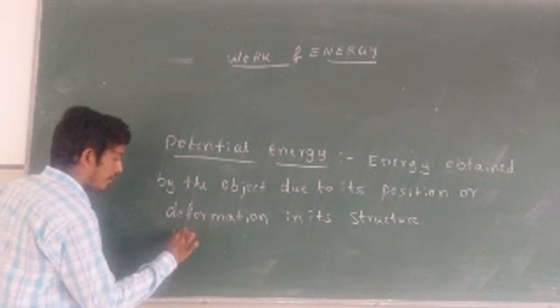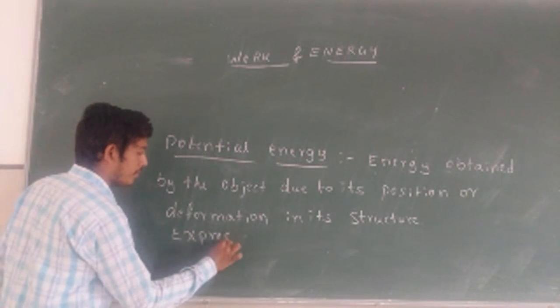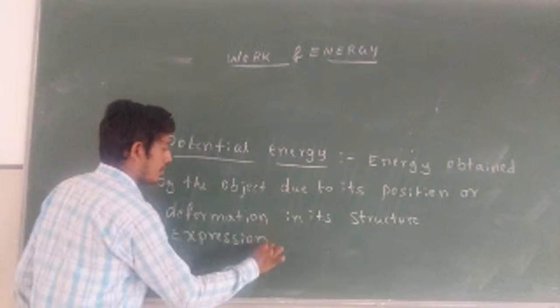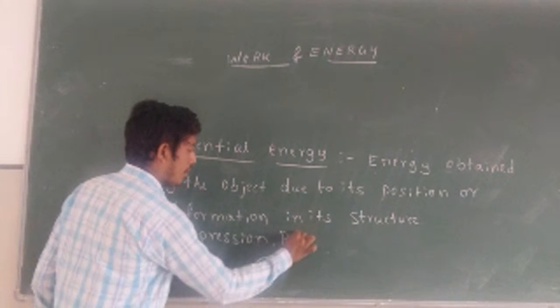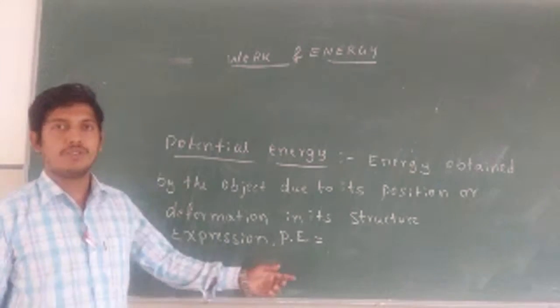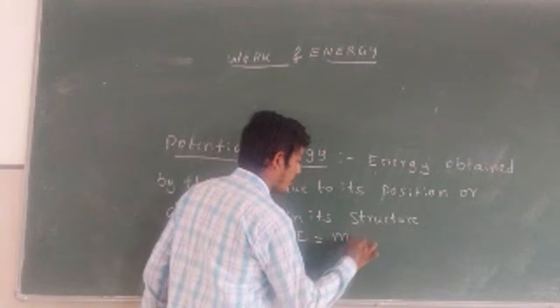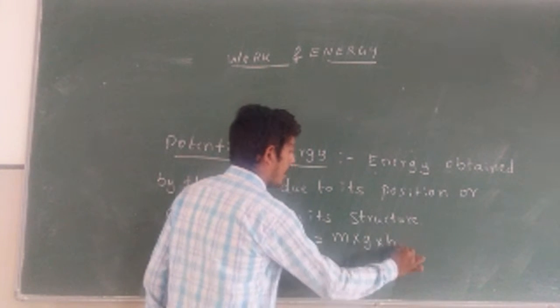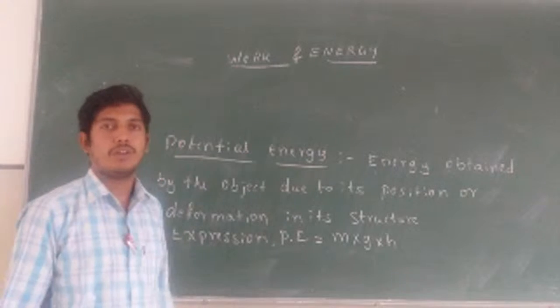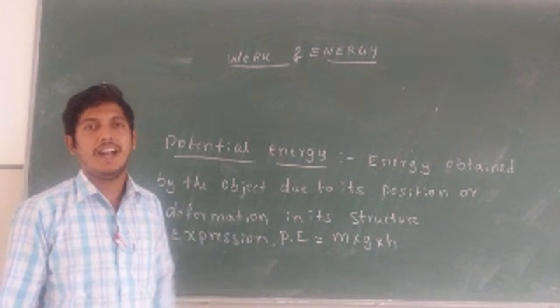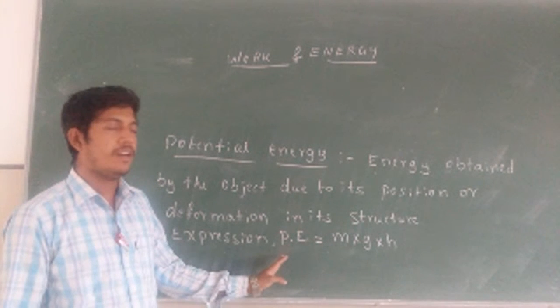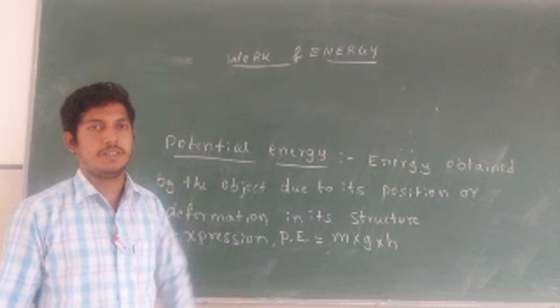And the expression for potential energy, I use PE, which means potential energy, is the product of mass, gravity and height. Potential energy equals m into g into h.